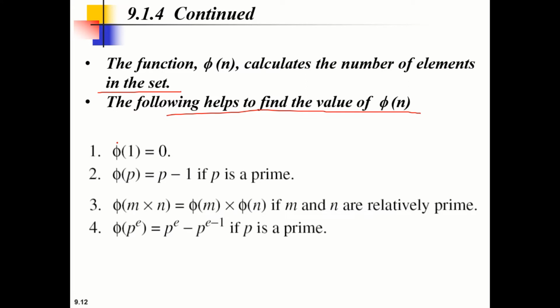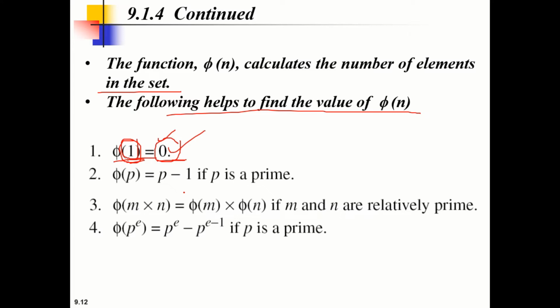The first rule says the value of phi 1 will be 0, because this number is 1. If we find it for 1 alone, 1 itself is not a prime number, so the number of elements in the set will be 0.